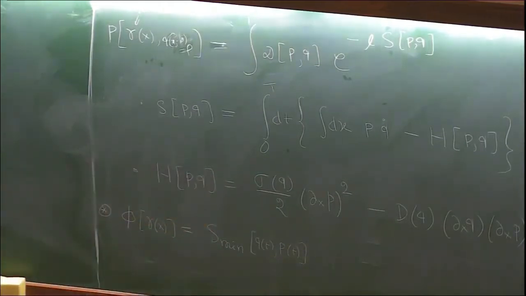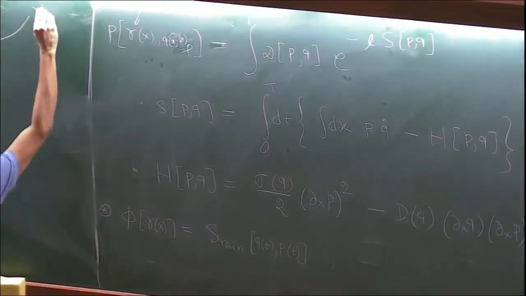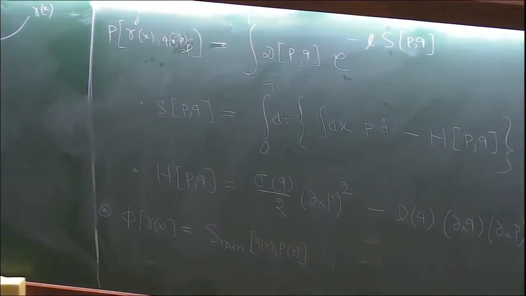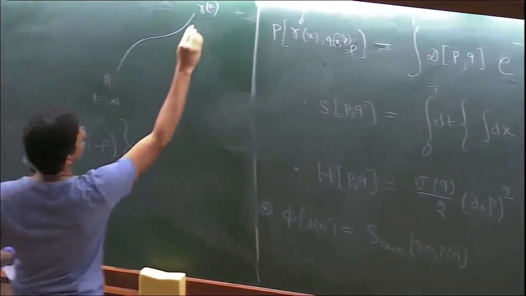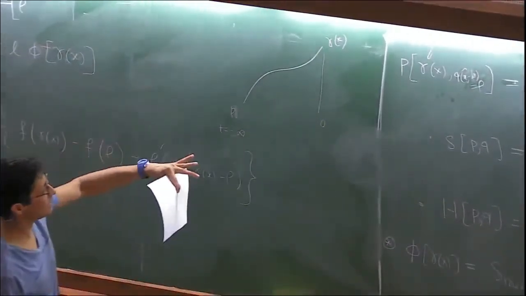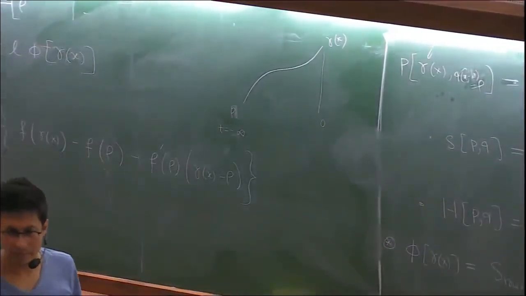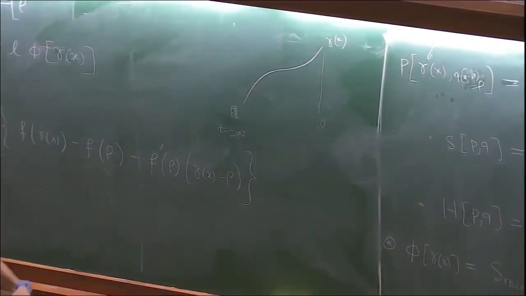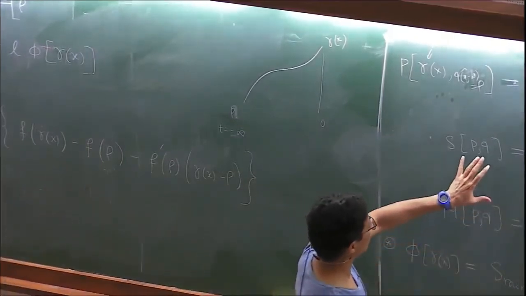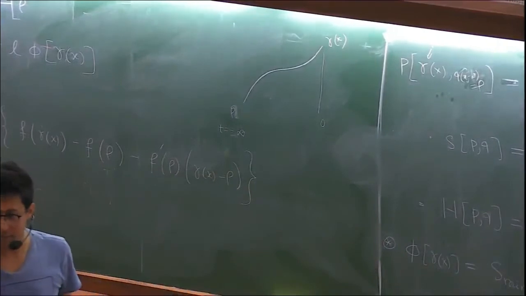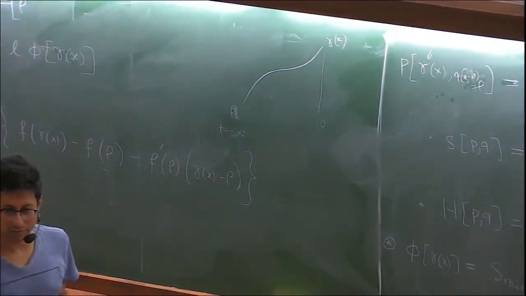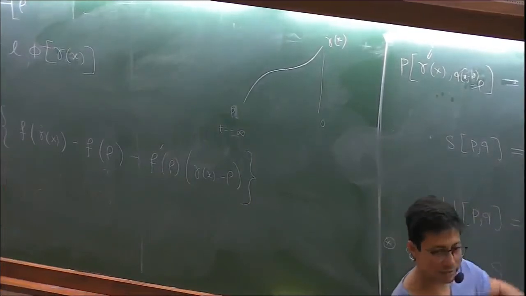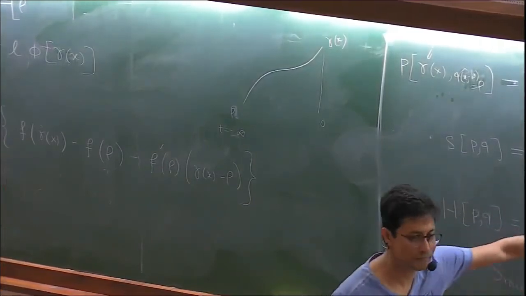So there is an optimal path which starts at rho, ends at R of x, starting at time minus infinity and ending at 0. There are many such paths, and the dominant one comes from the saddle point and gives me my large deviation function. So it's not a surprise that the equation satisfied by this minimal action path will follow Hamilton's equations, because this is the Hamiltonian term. The action has this form.